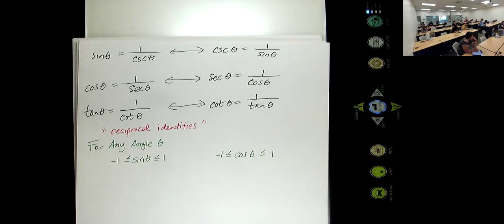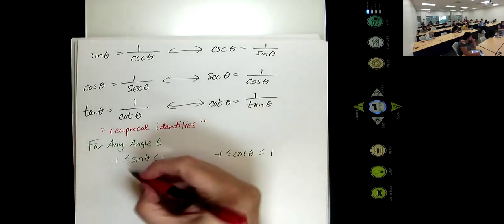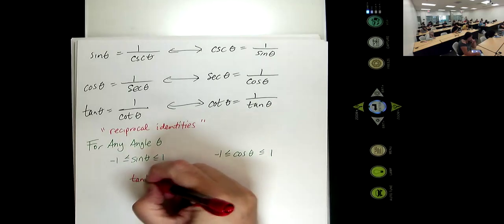They cannot be larger or less than those numbers. So basically, they're either 1, -1, or they're a decimal. Both tangent theta and cotangent theta can be anything.